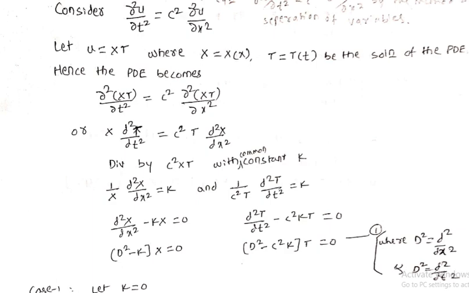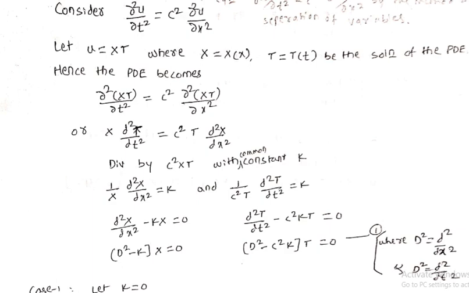On the right hand side, after dividing by c square XT, c square T and c square T cancel out, leaving 1 by X d square X by dx square equal to k. Then multiply both sides again by capital X, so it becomes kX, and shifting this kX to the left hand side, we get d square X by dx square minus kX equal to 0.